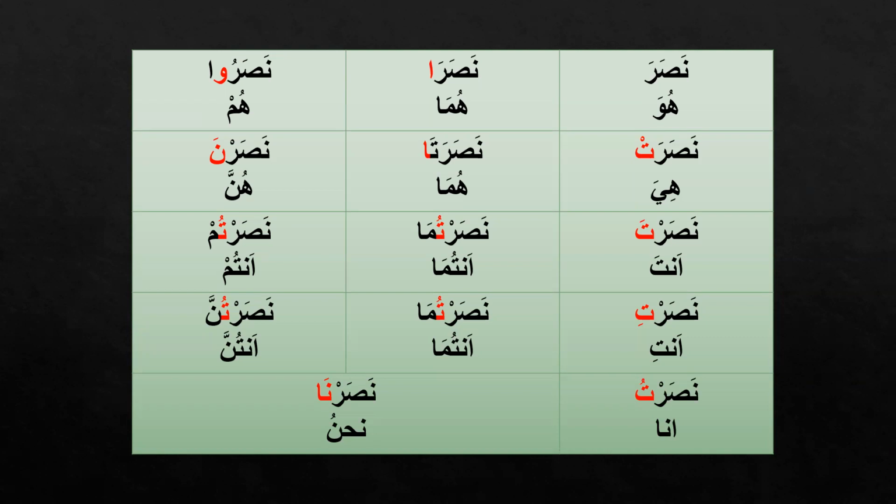You can see that they all are Rafa. They are 14 damair. And so Fi'l Madi has 14 forms. You can see here 1, 2, 3, 4, 5, 6, 7, 8, 9, 10, 11, 12, 13, and 14. So there are 14 damair. So Fi'l Madi has 14 forms.